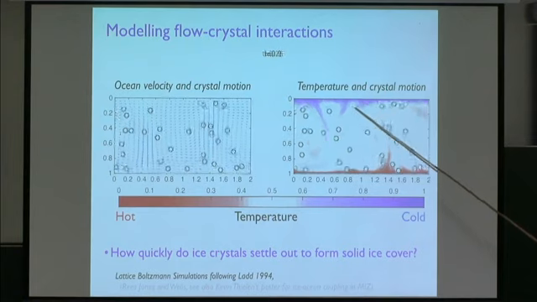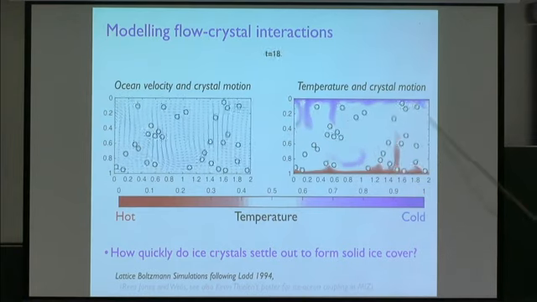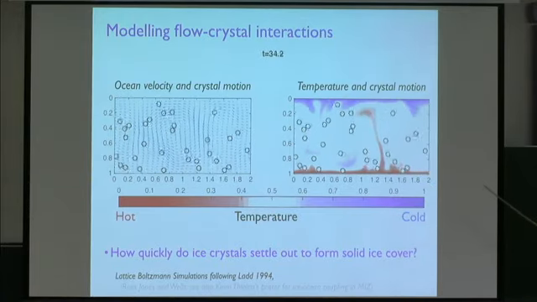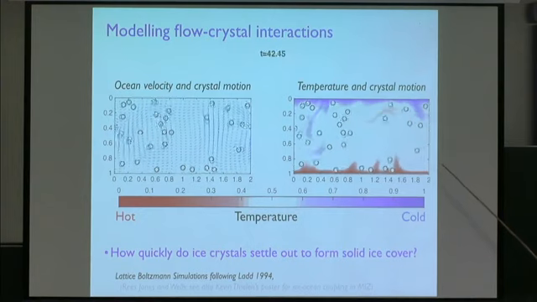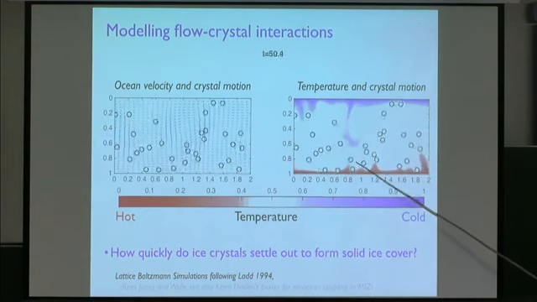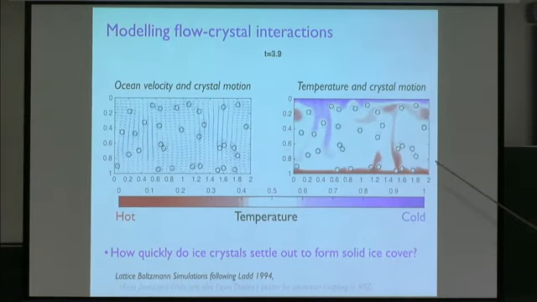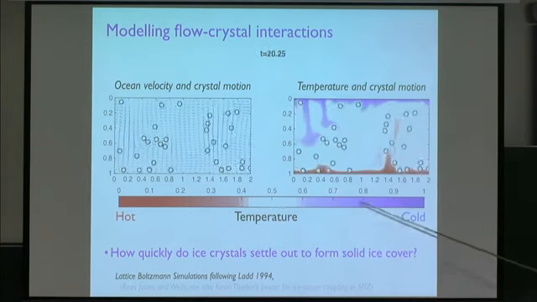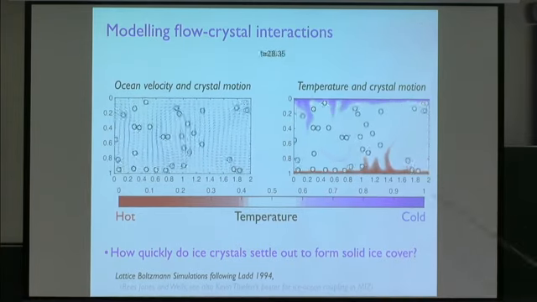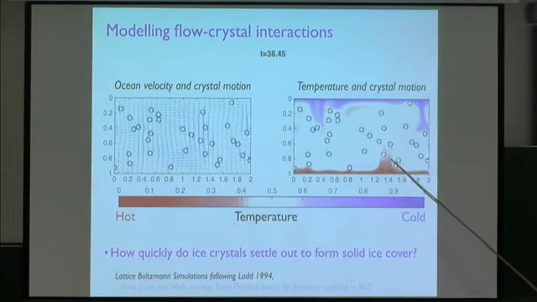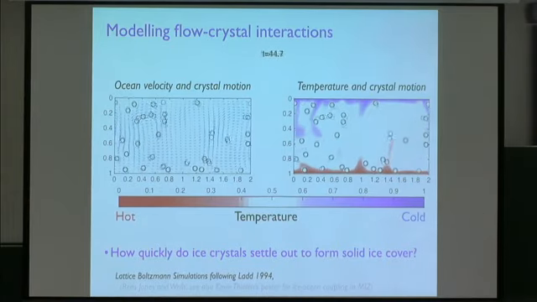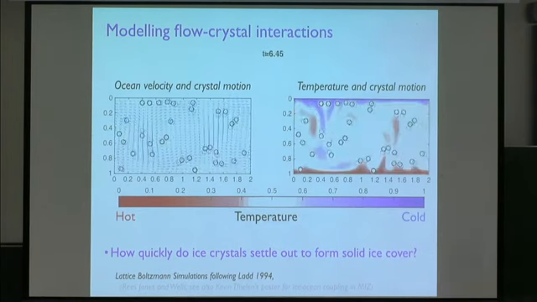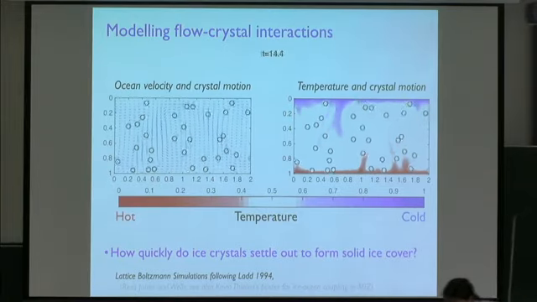We're looking at a system where we cool from above and warm from below to generate some background convective mixing. And then we have fully resolved, or just about resolved, finite-sized particles seeded in near the bottom of the domain, that start to mix and interact and then rise up towards the surface. So this is a tool we're starting to use to explore some of these detailed crystal interactions.